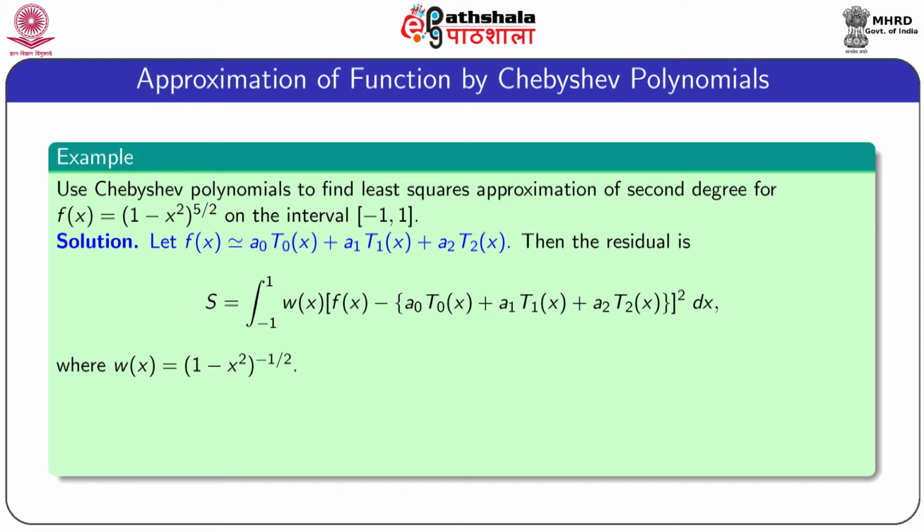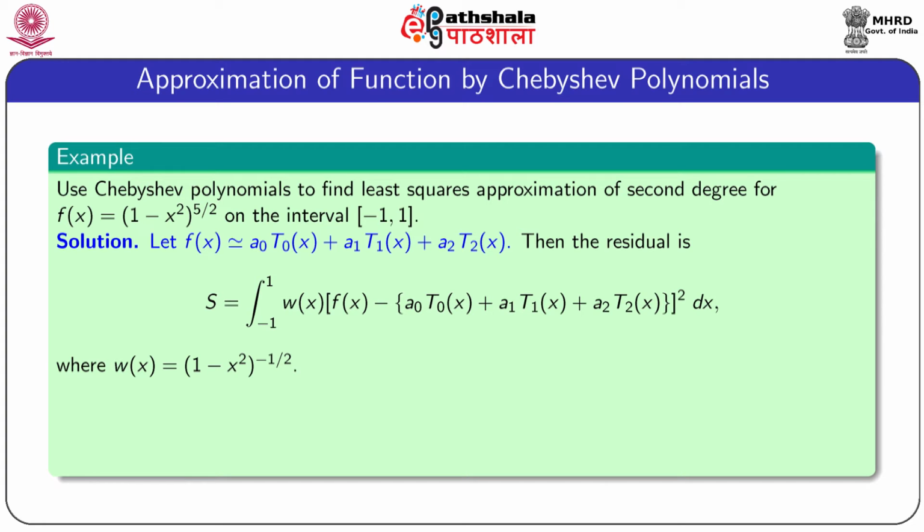Then the residual is, by the definition of the least squares method, S equals the integral from −1 to 1 of w(x) times [f(x) − (a0 T0(x) + a1 T1(x) + a2 T2(x))]² dx, where the weight function w(x) = (1 − x²)^(−1/2).